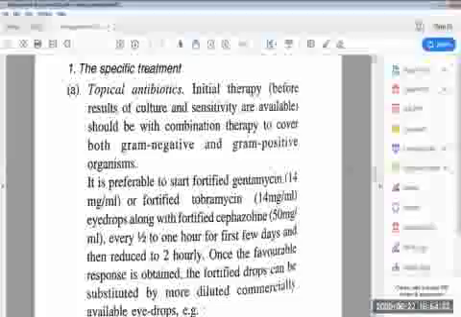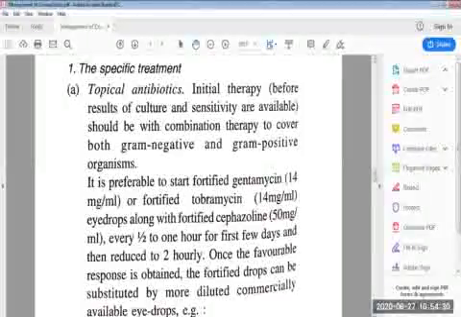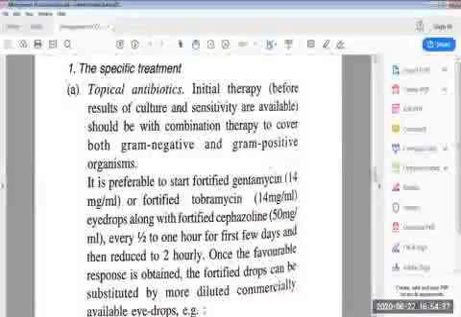So we should not wait for the report and then identify that particular organism, then give antibiotic. This is the ideal way to do, but bacterial corneal ulcers should be treated as soon as possible because they can affect our vision.